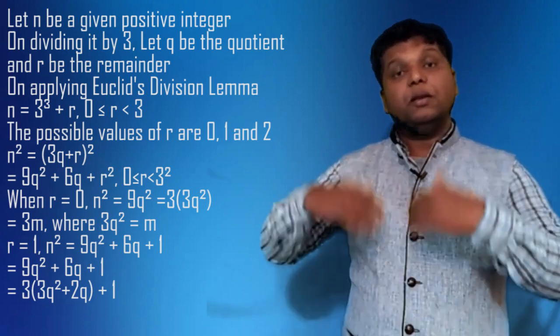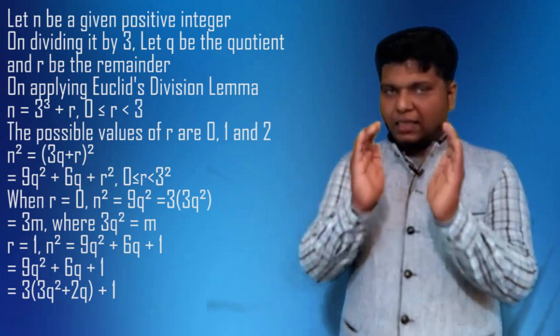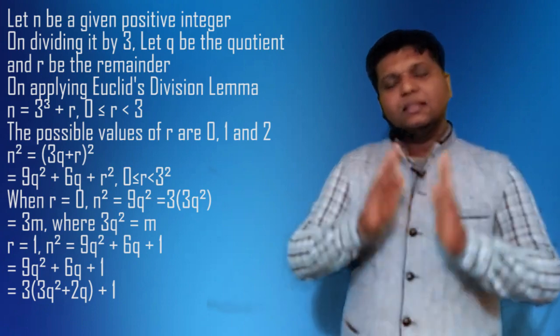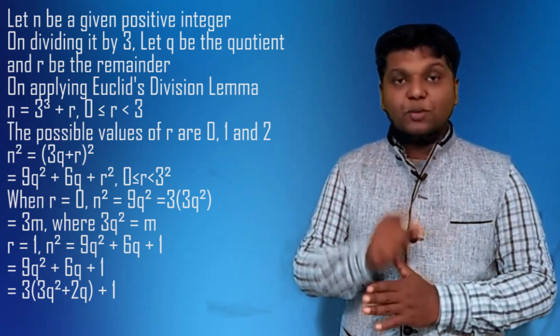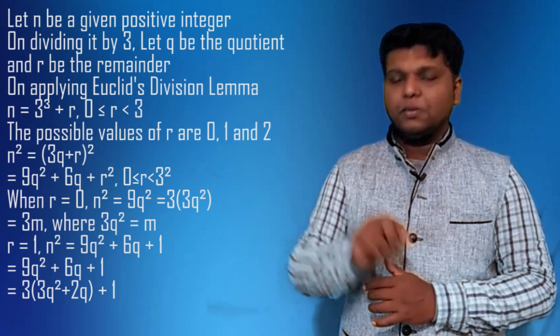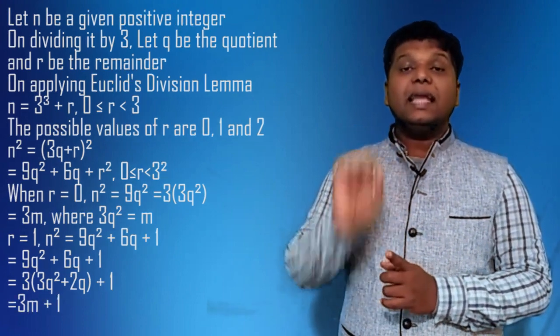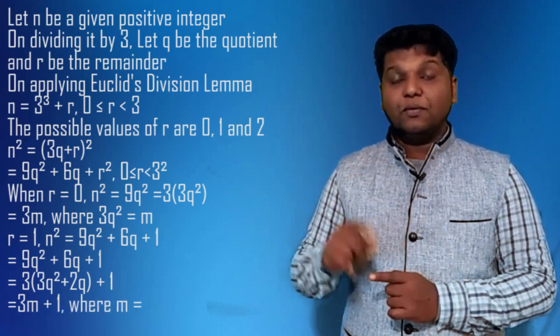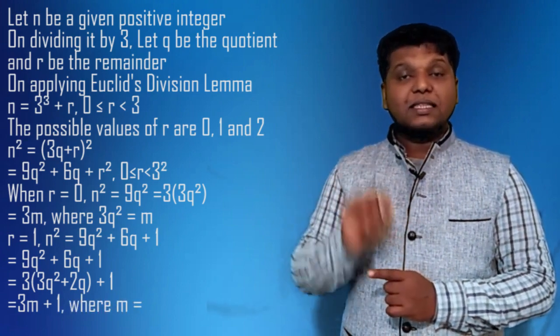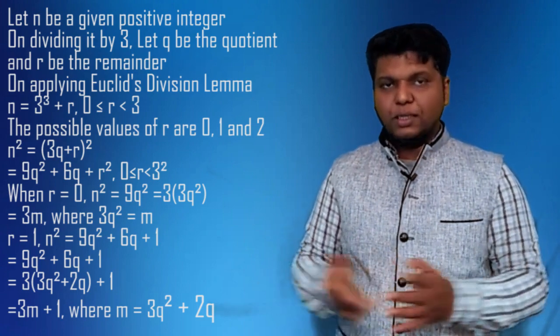Integer plus integer will become another integer. So definitely the thing inside this bracket is going to be an integer itself. So we can call it m. Next line, that is equal to 3m + 1, where m is equal to 3q² + 2q. We assumed it as an integer.